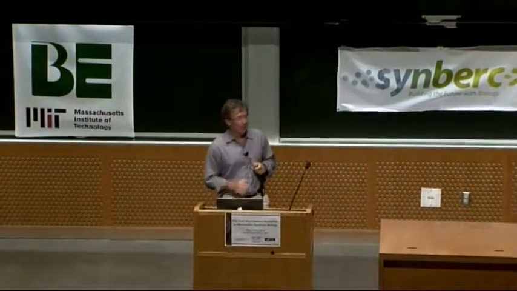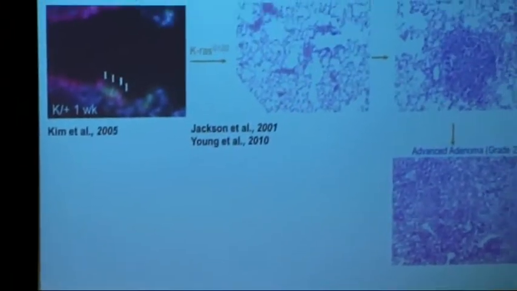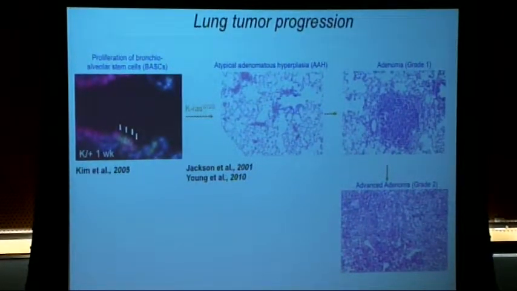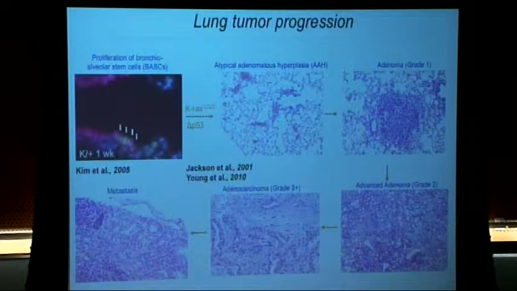The tumors do evolve from early stages, from single cells through hyperplasia to adenoma formation and advanced adenoma formation. And then eventually, in the context of a p53 mutation, will advance to adenocarcinomas, and some of these will progress, as I told you already, to metastasis.